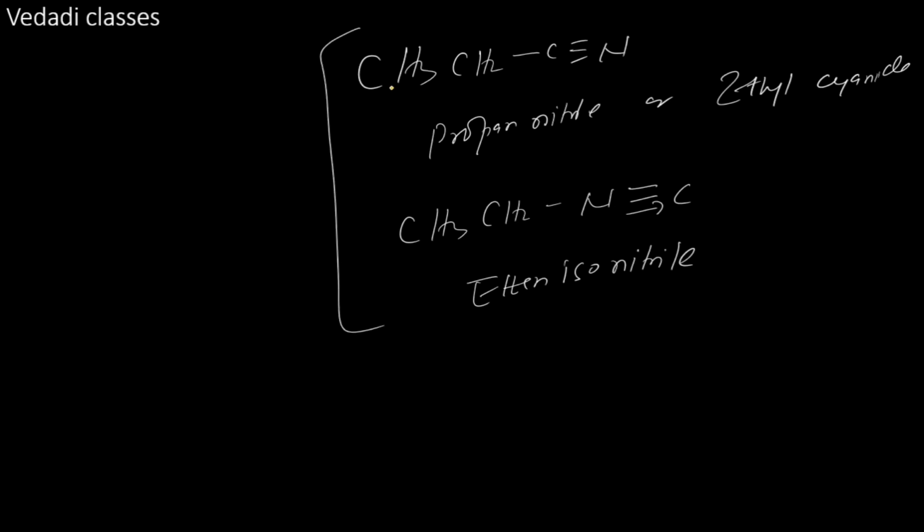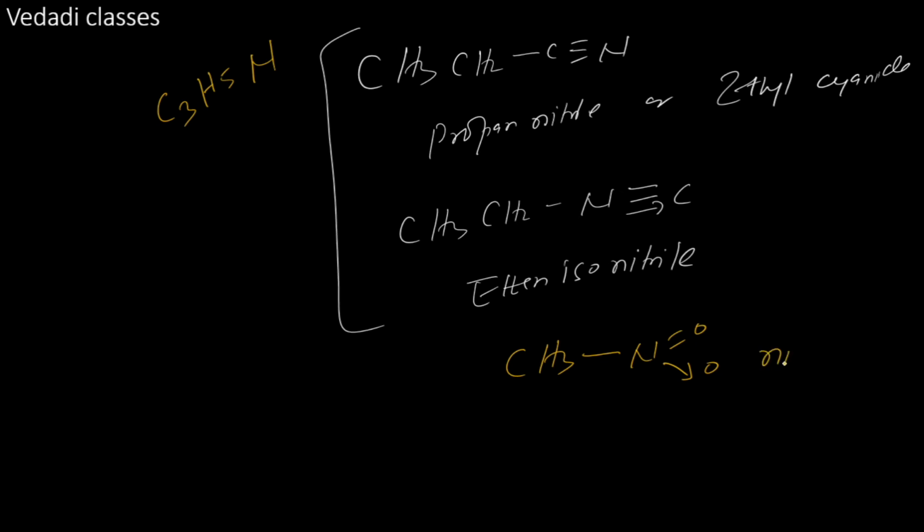How many carbon are there? 3 carbon over here, and 5 hydrogen, and 1 nitrogen. In both the cases the same thing is coming. So the molecular formula is the same, the structure is different. Why? They have different functional groups. Now similarly we can take the example of nitro and nitrite: CH3 N double bond coordinate bond O.